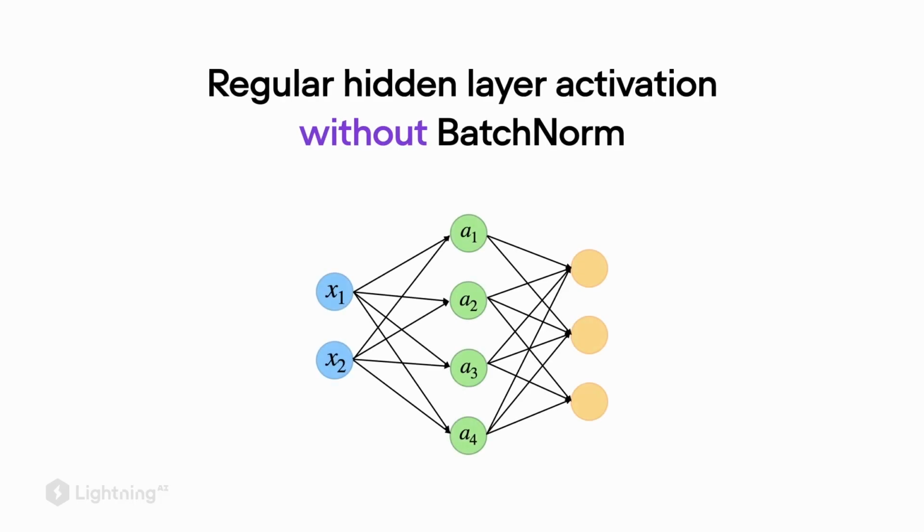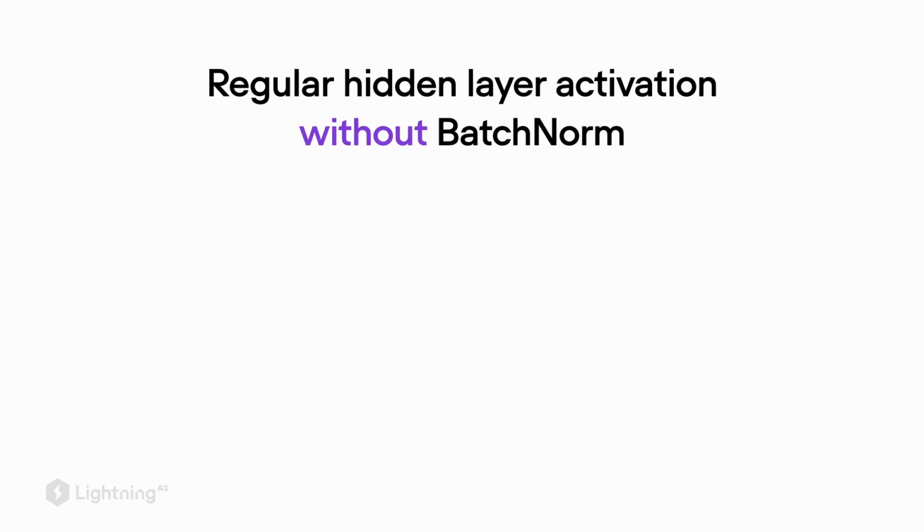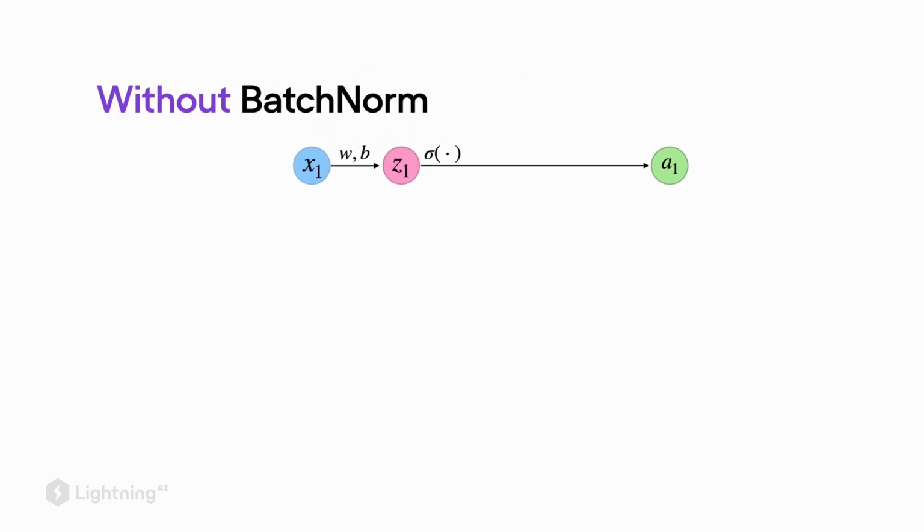I know this was a lot of information, so let's illustrate how batch normalization works conceptually by comparing it to a network that does not use batch normalization. Suppose we have a network here that does not use batch normalization. Here we have the path from the input features x over the net inputs to the activation value that we would compute in a regular neural network without batch normalization.